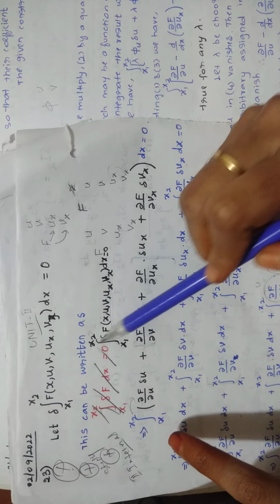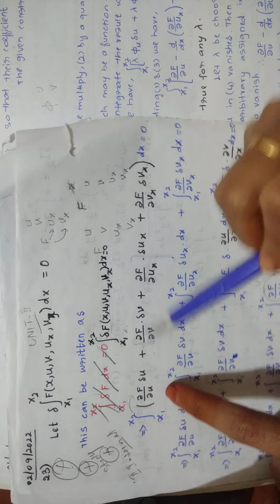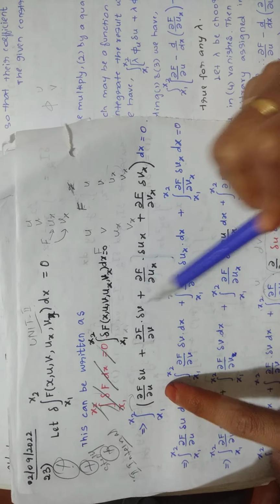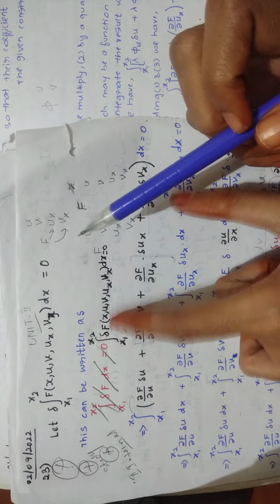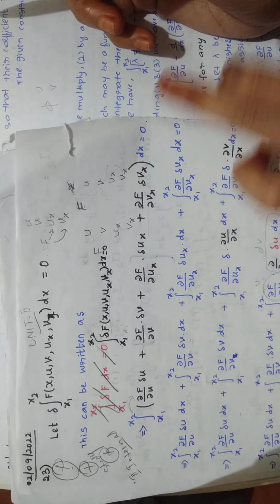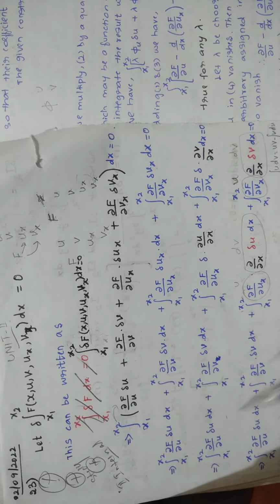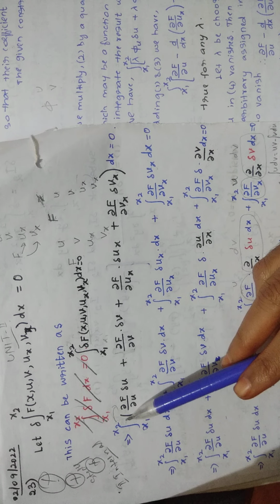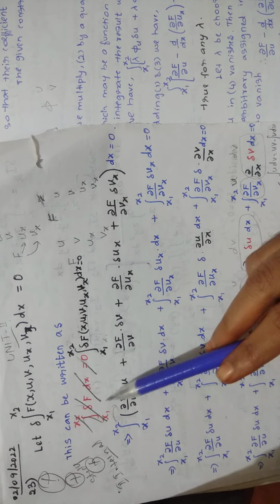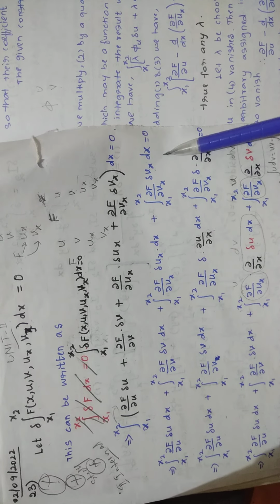Just write this integration as it is in the previous step, and then differentiate this so that you will get this, and then put this dx equal to 0. And then in the next line, you multiply the integration and dx to all the terms so that you will get this.